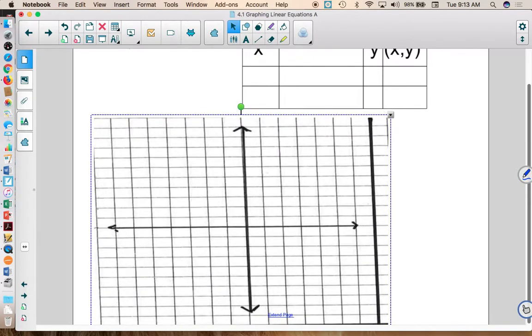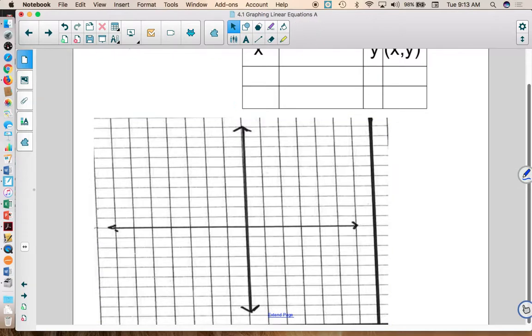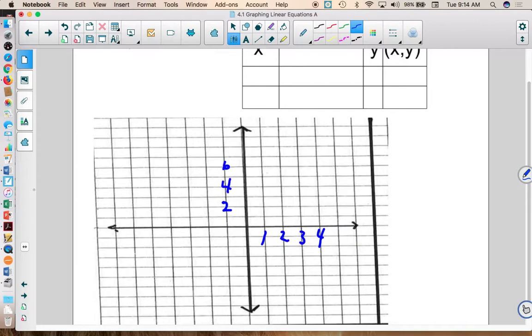Some people sometimes want to put their numbers in the middle of the lines. When you're graphing, you've got to use the lines that are there, not the middle. That won't work for you. So this is 1, 2, 3, 4. And you don't have to number every line. You can skip count and label every second one. That way you've got a little bit more space.